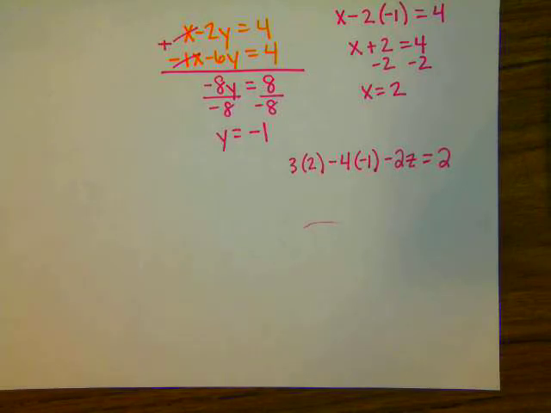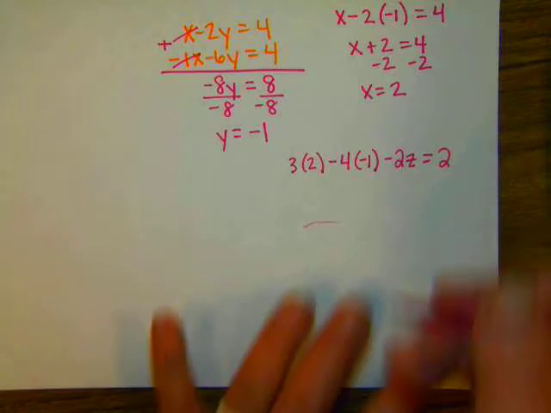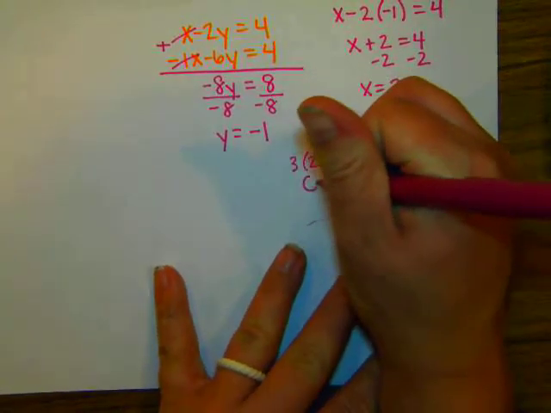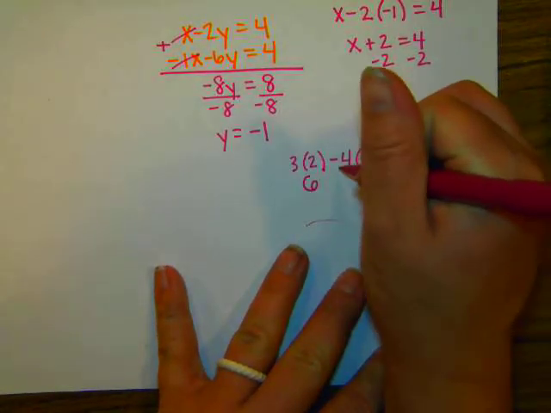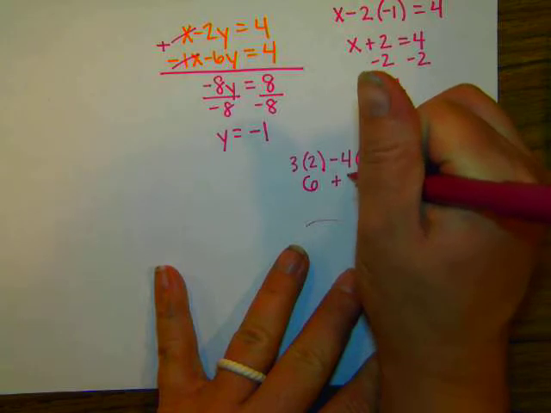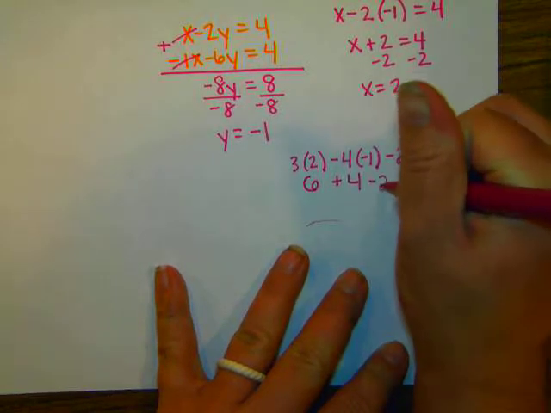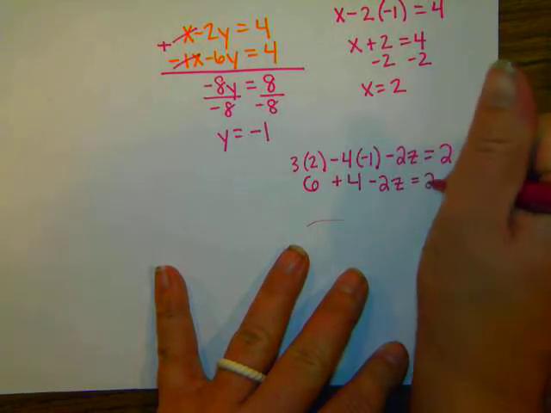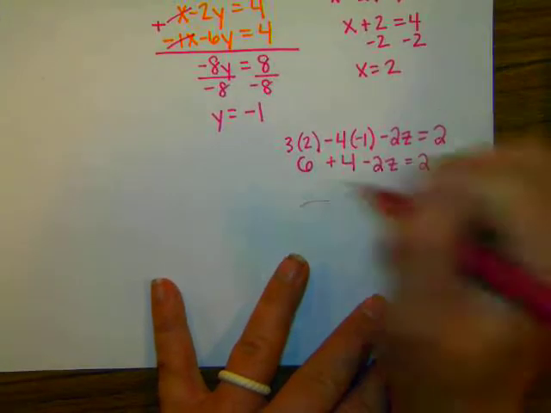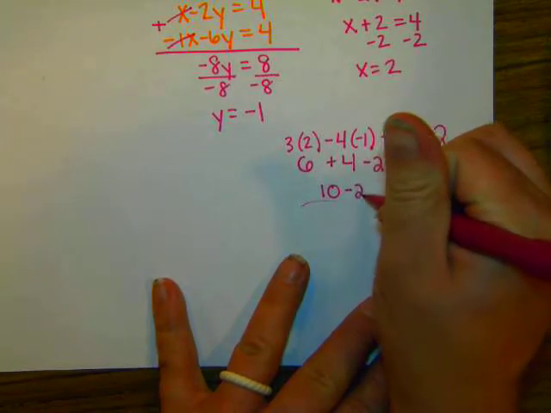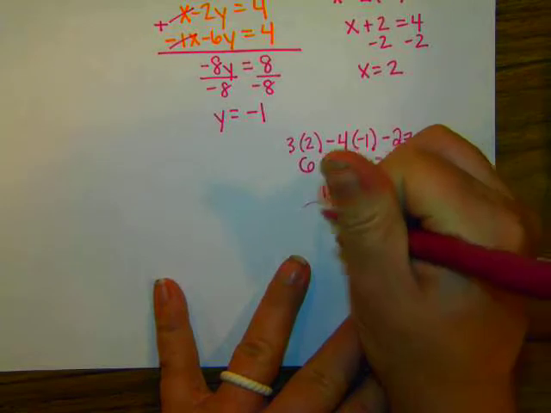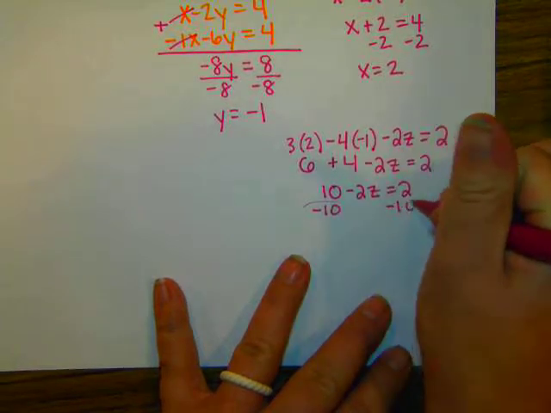Let's do this math. So 3 times 2 is 6. Negative 4 times negative 1 is positive 4. So it makes this equation. So that would be 10. So I'm going to subtract the 10.